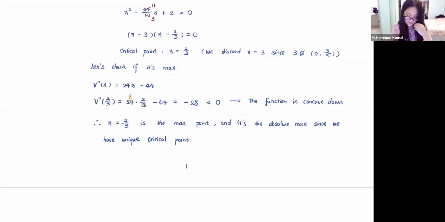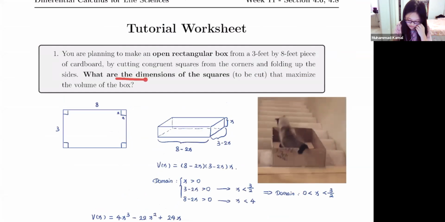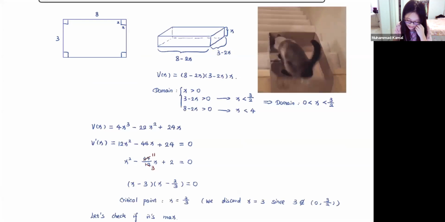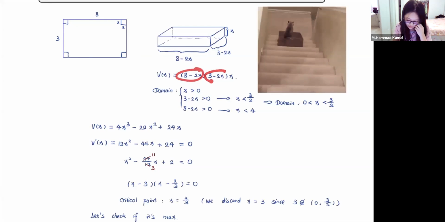Okay, so we found our x. Now the question asks you for the dimensions of the box. Now you just need to plug in 8 minus 2x and 3 minus 2x.